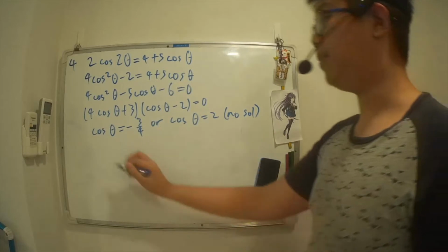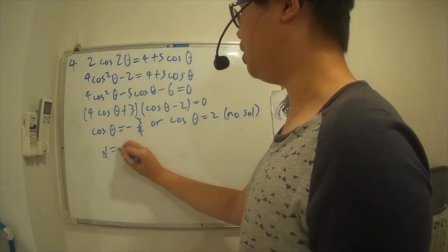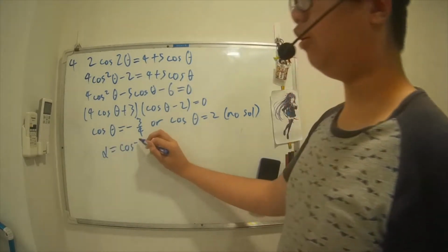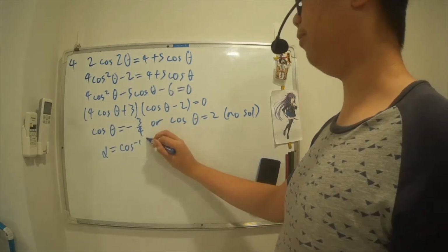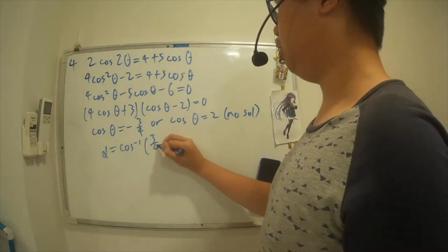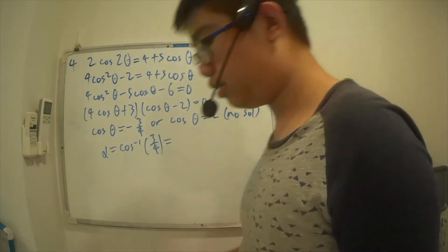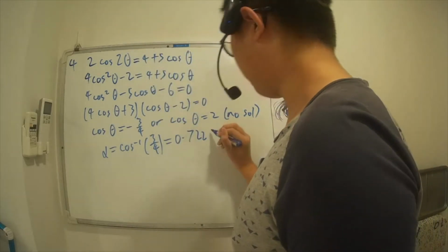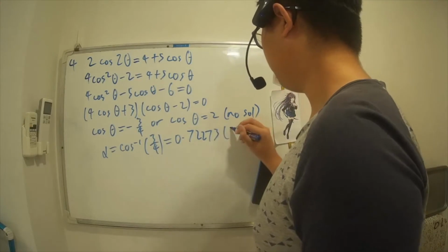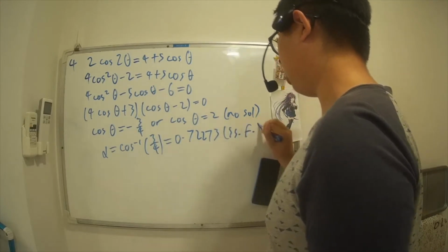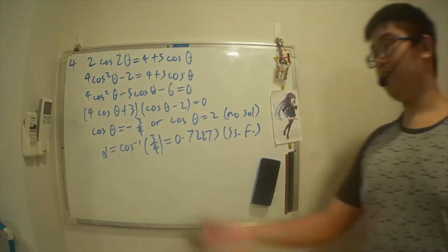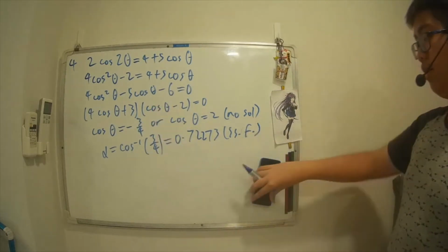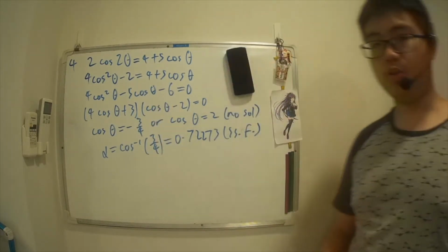So now we want the basic angle. Alpha will be the inverse cosine of the positive version, which is, okay, 0.72273. Okay, I'll put this in 5SF. Okay, so, but this is negative, which means that we have it in the second or third quadrant, right?